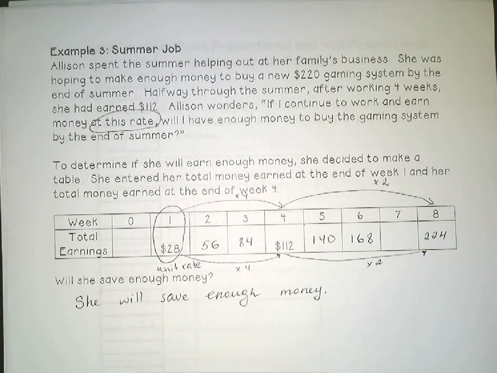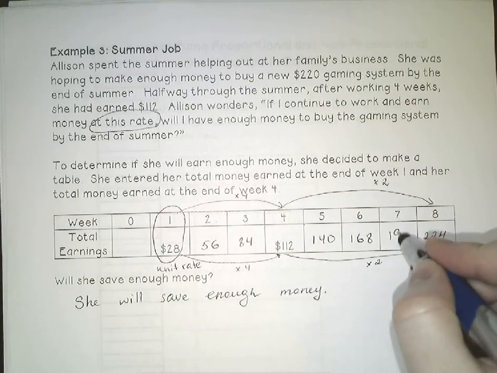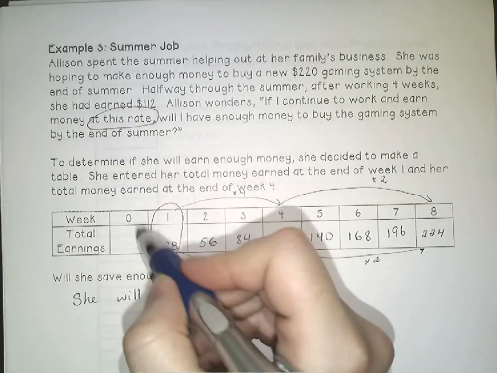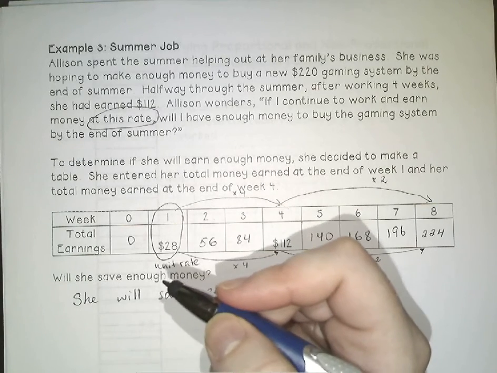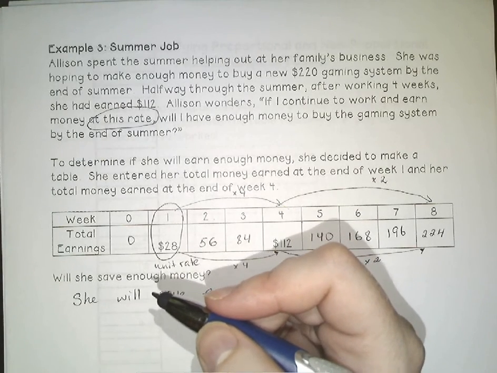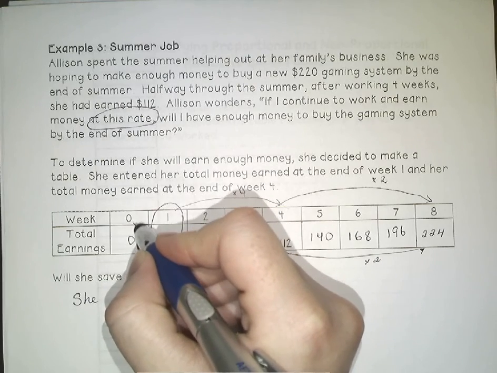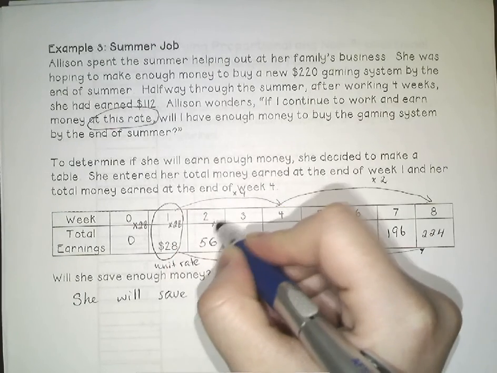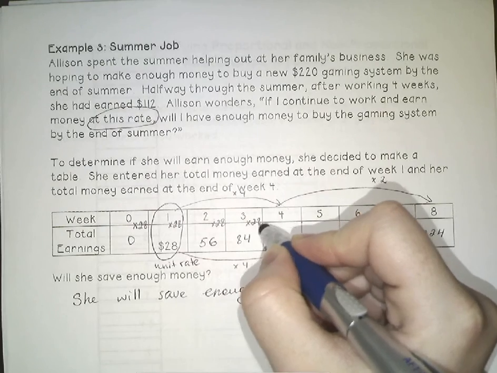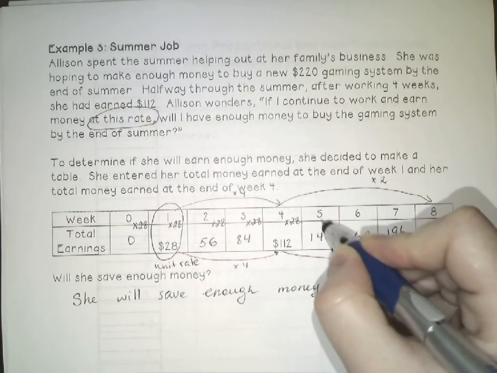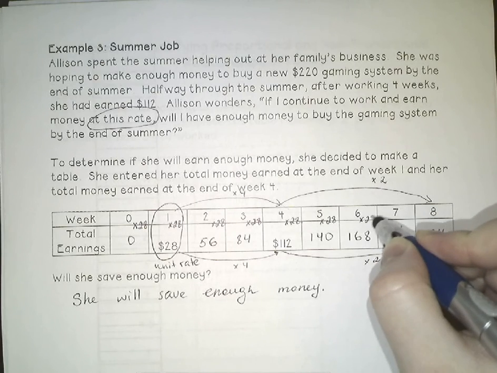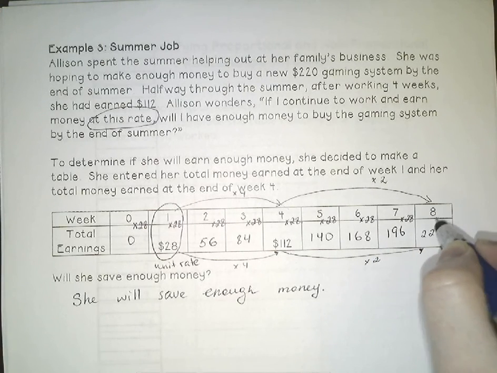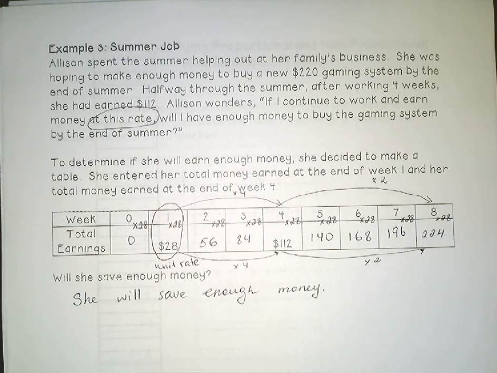And if I multiply 7 by 28, I will get 196. If I multiply 0 by 28, I will get 0. So all of this relationship is a multiplicative relationship. In each case, I'm multiplying the number of weeks by 28, right? 1 times 28, 2 times 28, and that continues on for the entire table. You cannot use addition in a proportional relationship, just saying. Only multiplication or division.